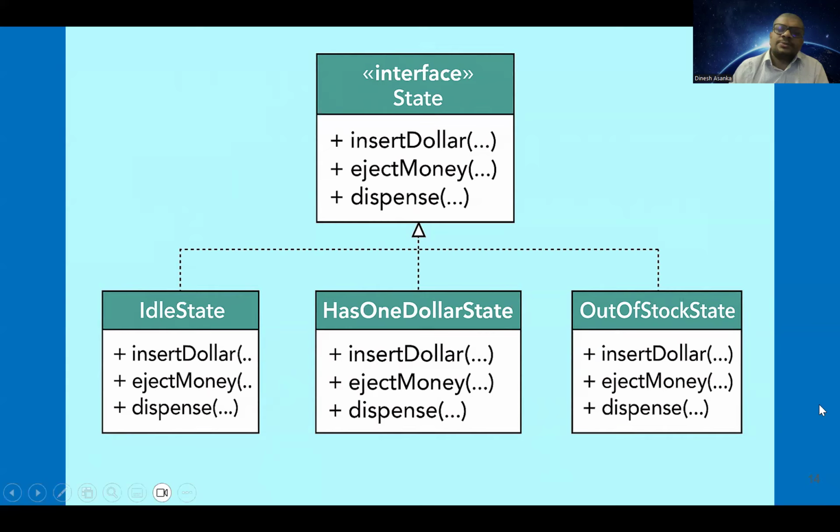So you will have an interface called State, where you will have these trigger events: insert dollar, eject money, and dispense. And then there are concrete state classes, which implement the State interface. We haven't done that type of implementation before.